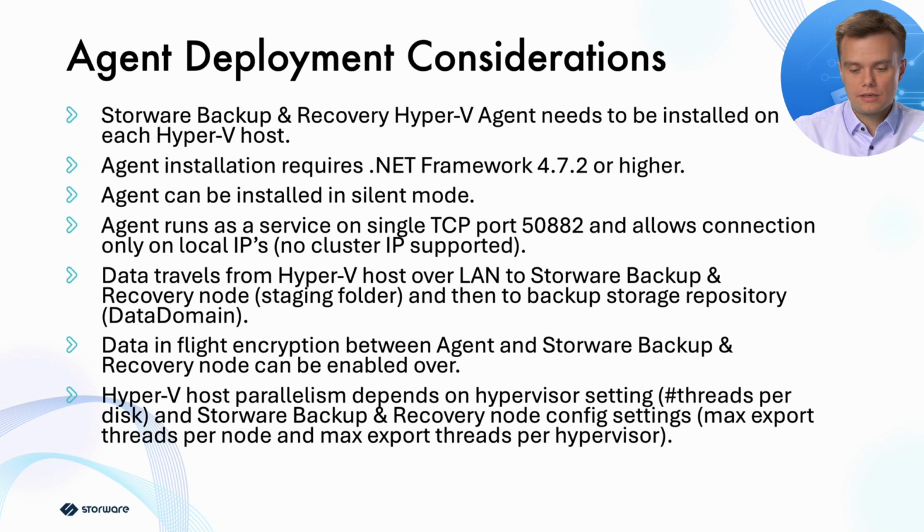Data is encrypted on flight between the agent and Storware Backup and Recovery, and our Hyper-V implementation also supports parallelism. So these individual disk drives can be read simultaneously using multiple threads. That's the setting that you can enable in the node configuration and Hyper-V settings, and that boosts even faster the overall speed rate if you need to.